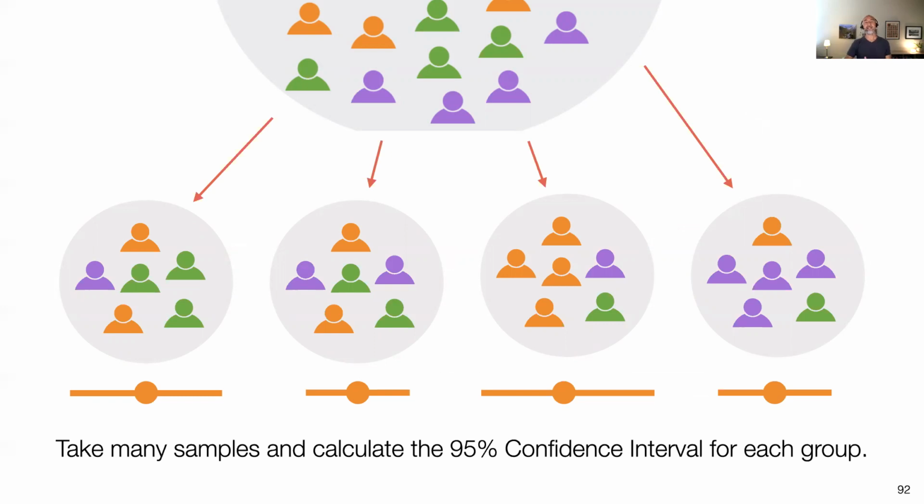Imagine you sample from the entire population, collect 100 customers, and repeat that process, then apply some formula to calculate the 95% confidence interval for each group. First, of course, you calculate the average or mean, and then you draw the 95% confidence interval.